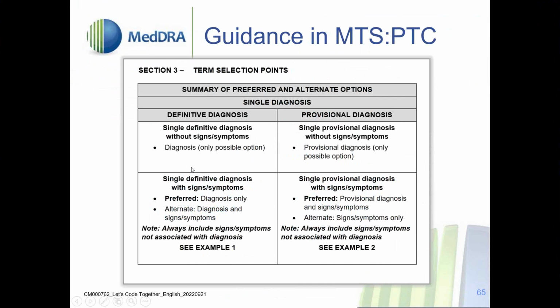And we have two options to code such terms. One, the preferred one, is to code the diagnosis only. And the alternative option is to code the diagnosis and the signs and symptoms, of course, if they are characteristic. So whatever you decide to do, you should apply your final decision consistently and also document the approach chosen in your coding conventions. So you are free to choose either the preferred option or the alternate.